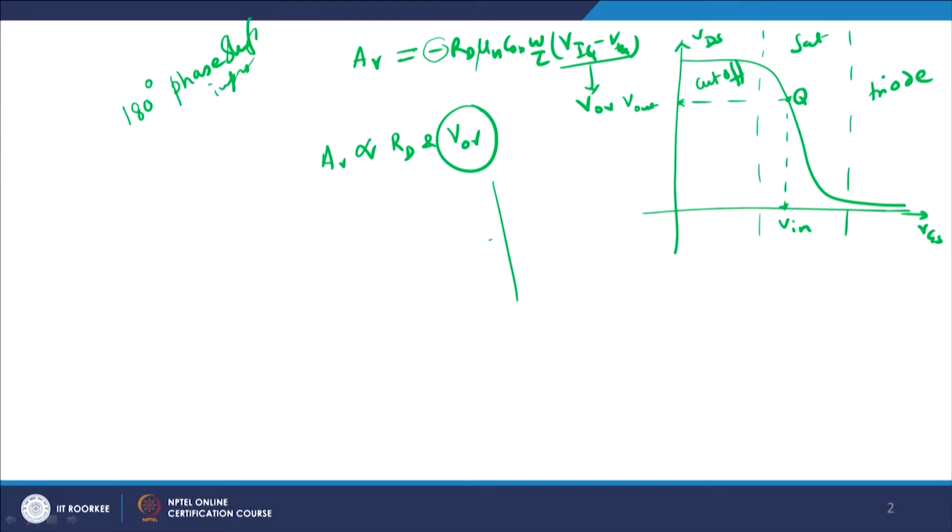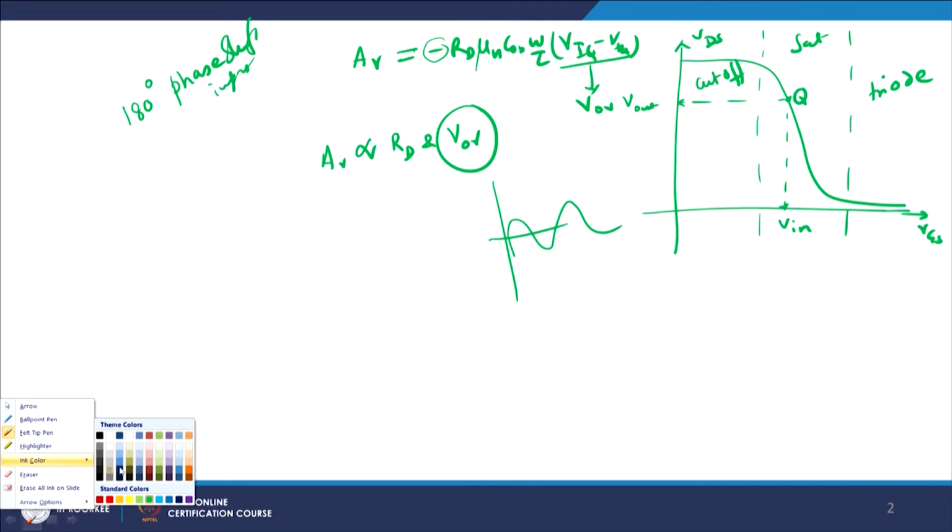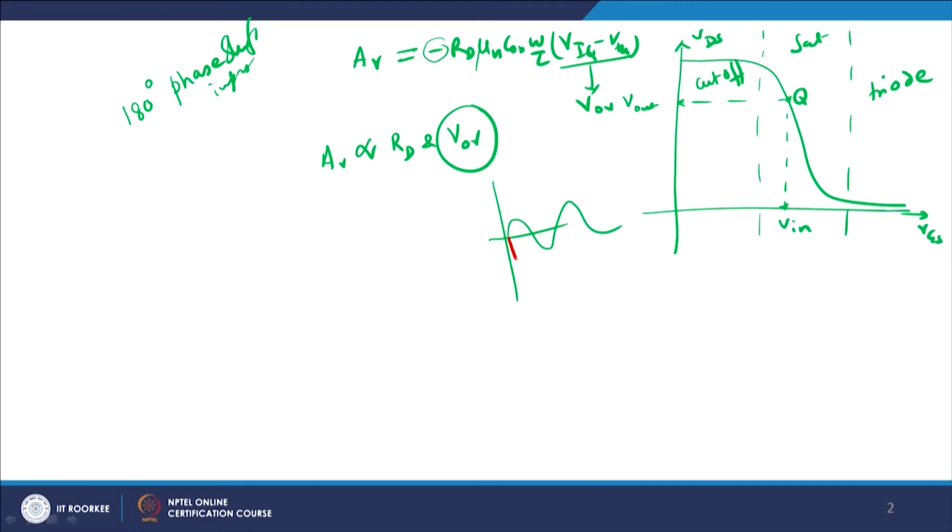If you have an input something like this, the output will go like this and then like this. So, it is 180 degree phase shifted; this is V out and this is V in, and the gain is basically V out by V in at any particular point.